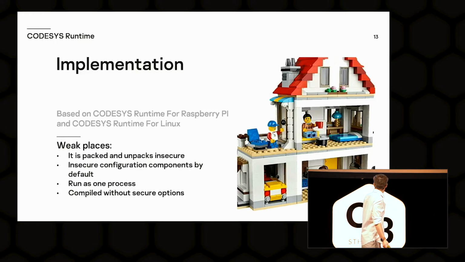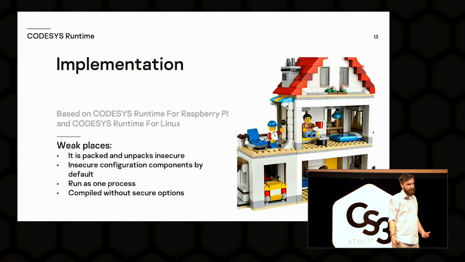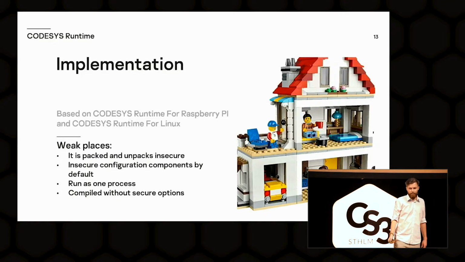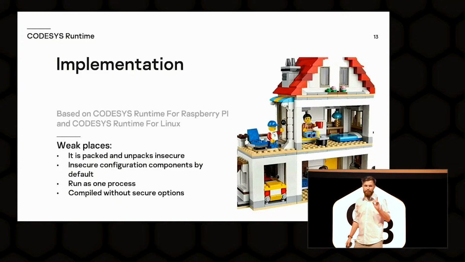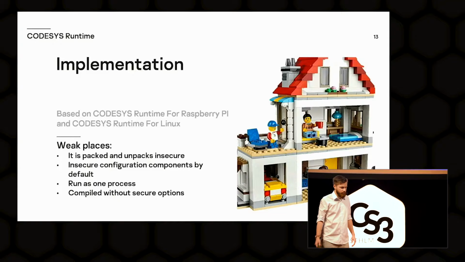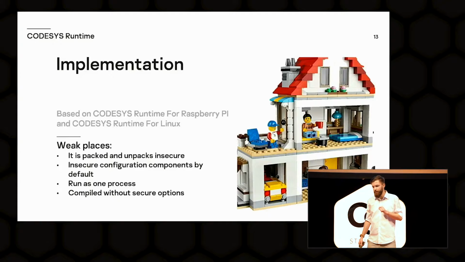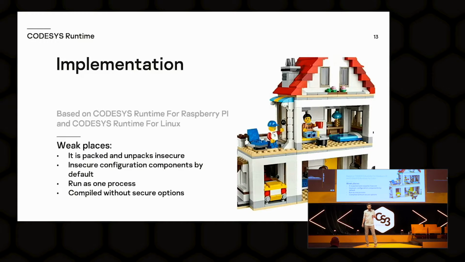And another thing is that CODESYS Runtime contains a lot of different components to improve the security of the system, for example secure communication, integrity checking of application files, and a user management system, but all of these components are disabled by default. Last, by default there are maybe 10 threads and 6 network services, and all of this runs as one process.